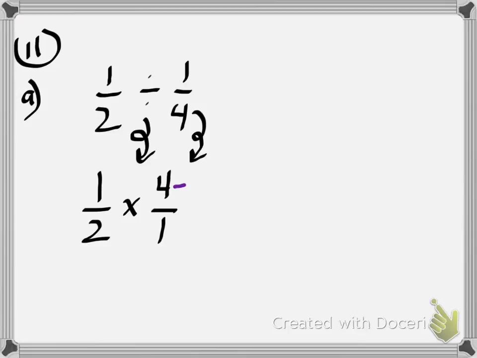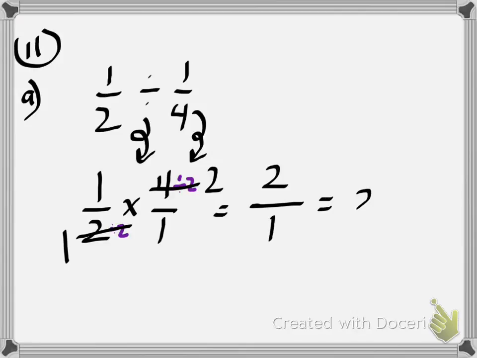We see we can divide, both of these have a common factor of 2. So 2 divided by 2 becomes a 1, 4 divided by 2 is a 2. So numerator times numerator, 1 times 2, denominator times denominator, and anything divided by 1 is going to be itself. So our answer is going to be 2.